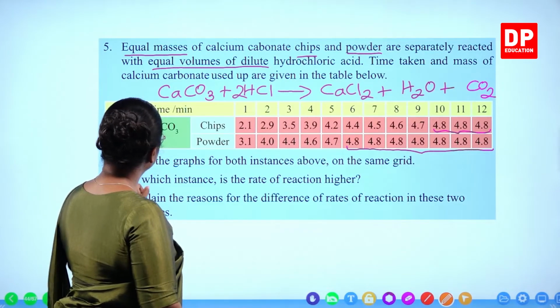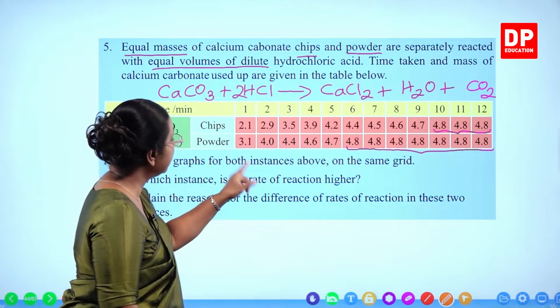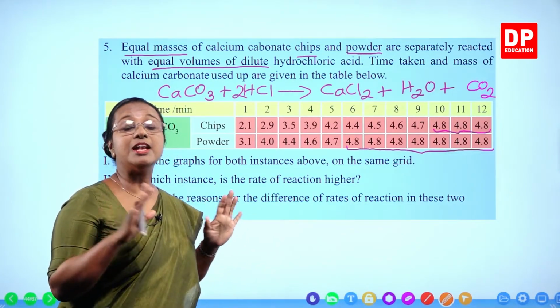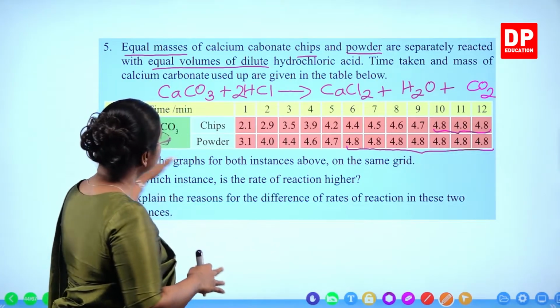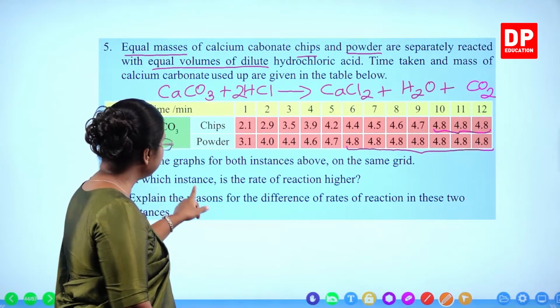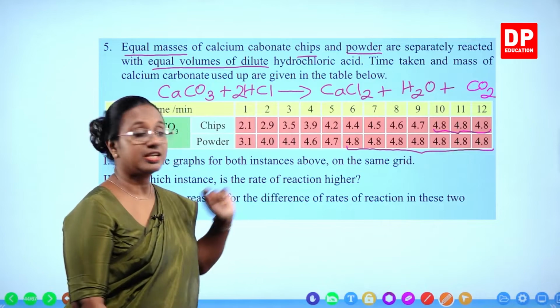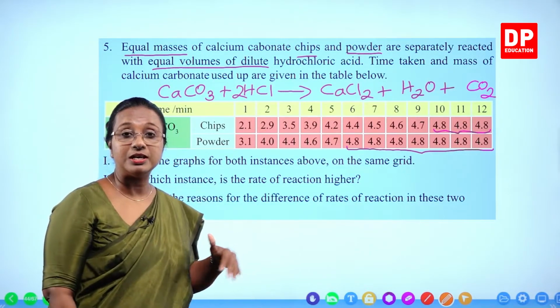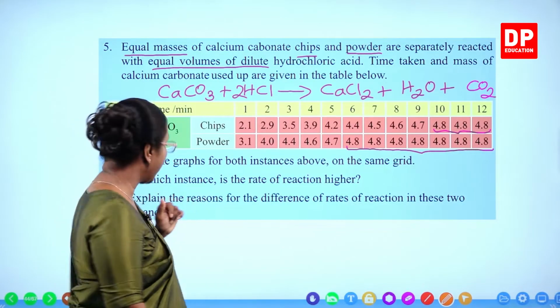So the first question, draw the graphs for both instances above on the same grid. Use the same grid and you are supposed to draw the graph to show this change. The second one, in which instance is the rate of reaction higher? That of course we have already understood. When we use powder, the rate of reaction is higher.